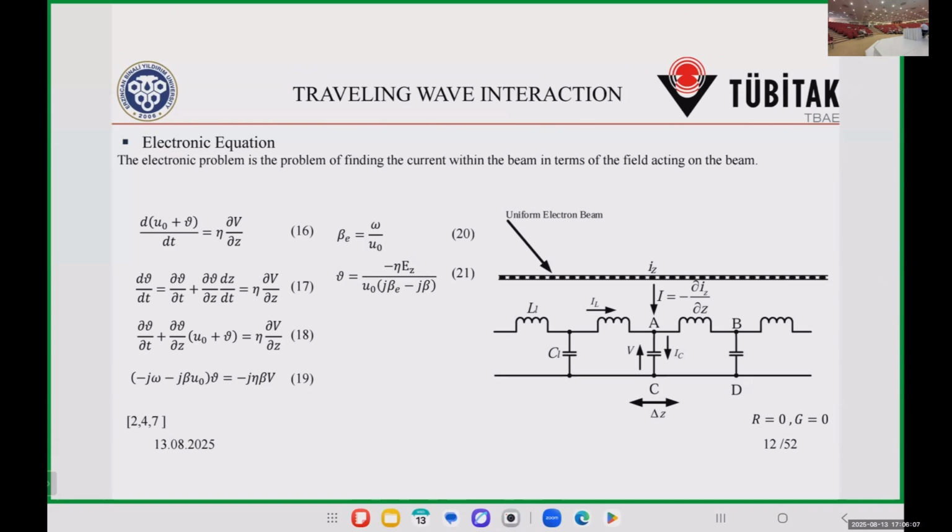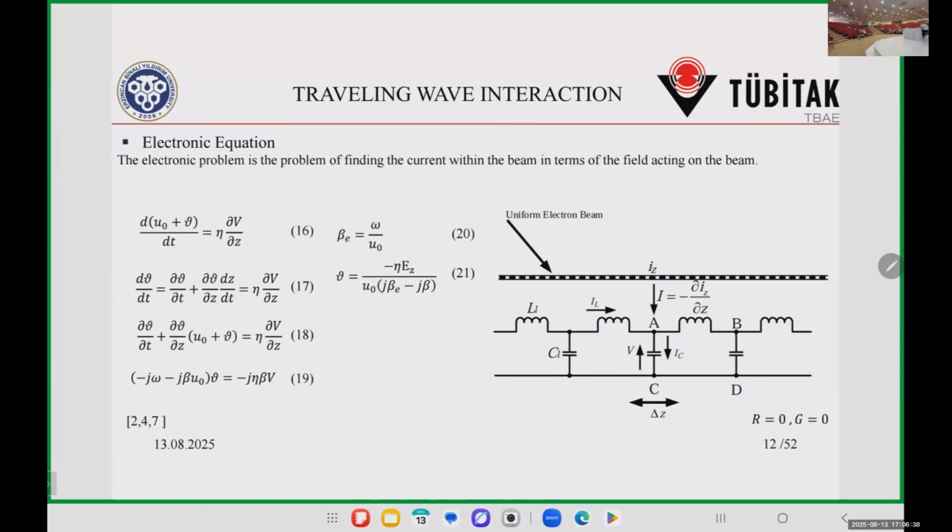We can write these velocities with time variation. It is equal to the charge to mass ratio times the potential variation with position.